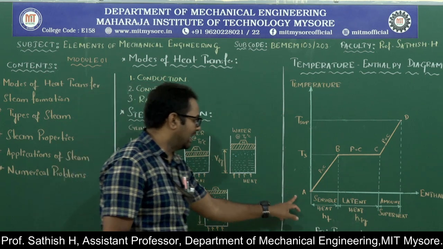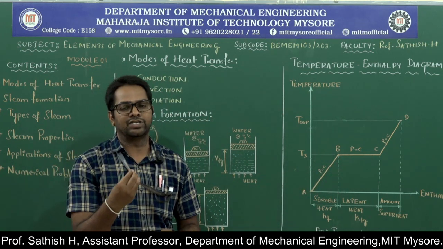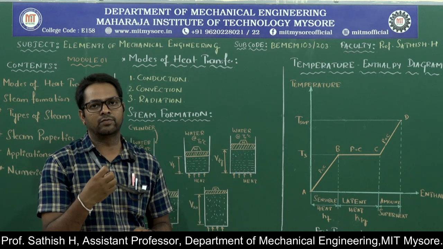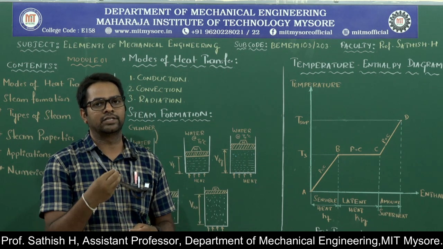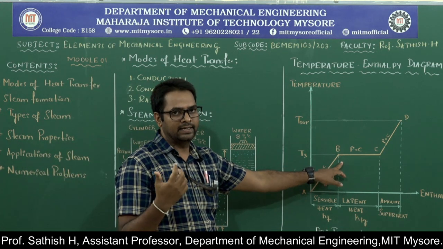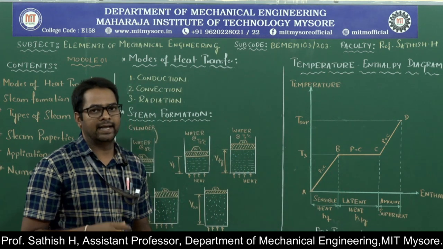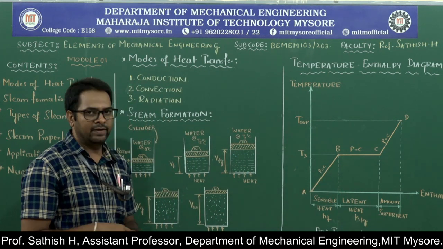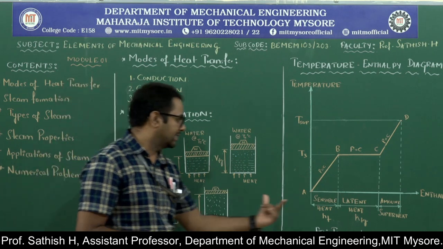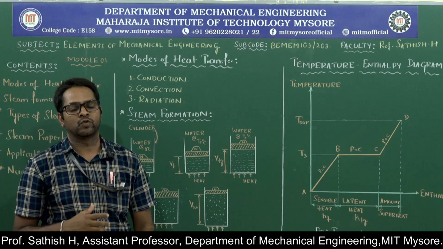And what is this line AB? It is the heat addition, in order to convert the water from 0 degree centigrade to Ts, the saturation temperature of the water. That is what the line AB represents. And then we have something called the sensible heat, which is represented by hf.